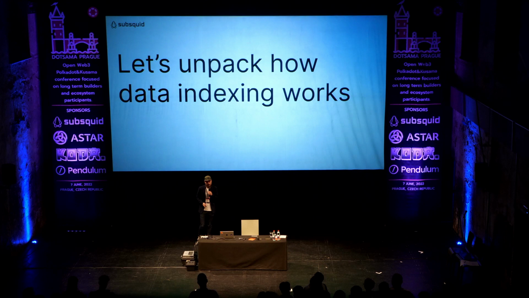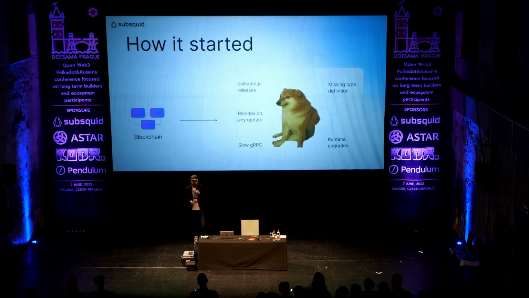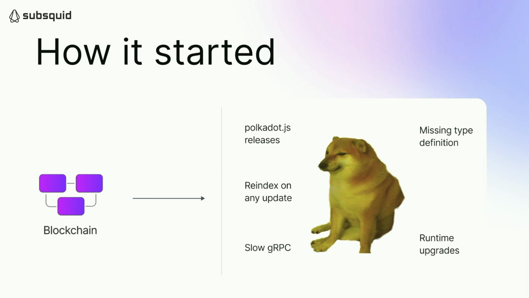All right. So let's unpack how exactly this indexing middleware works. The indexing middleware ingests the data from the blockchain node, decodes this data block by block, then transforms it into the form that can then be shown in your UI.